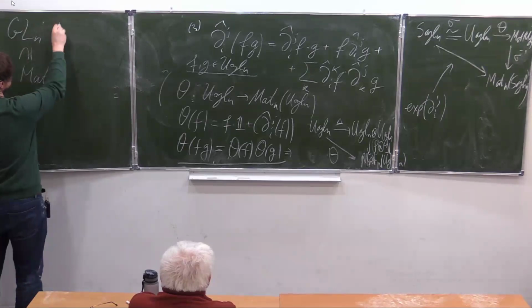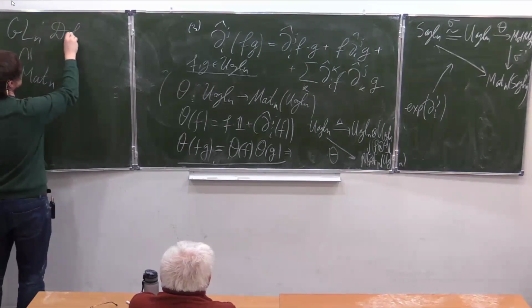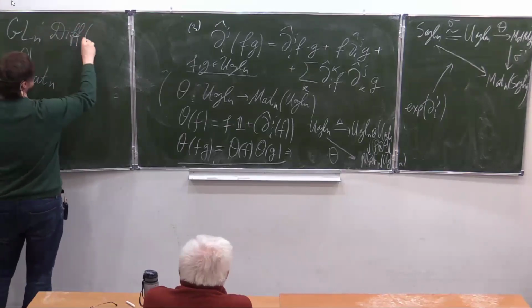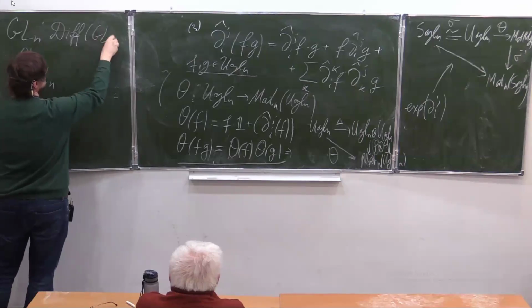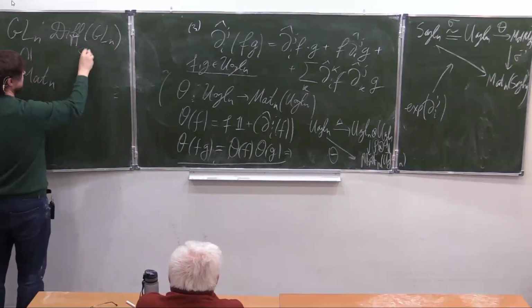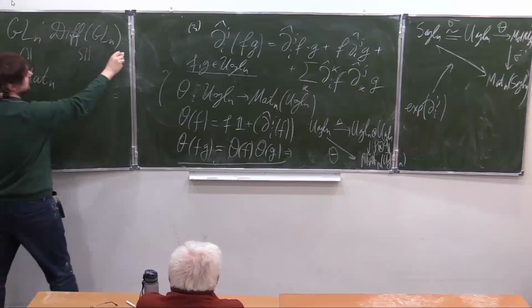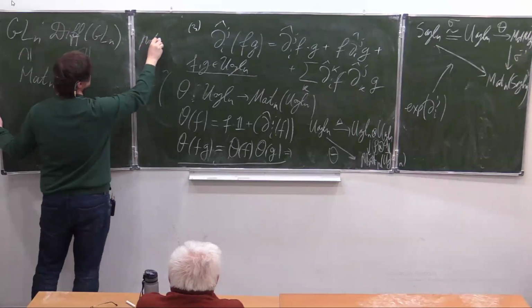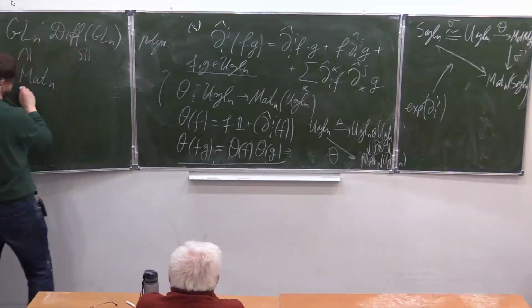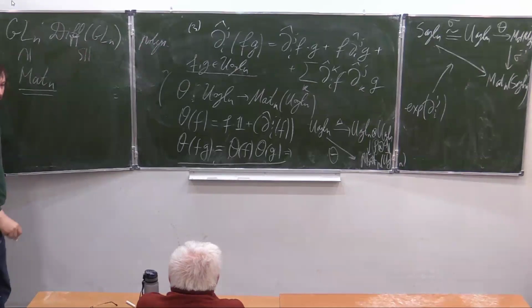Then you consider the differential operators on this group, and you can actually show that it is equal to the tensor product, with polynomial coefficients, polynomial with respect to the standard coordinates in matrices.